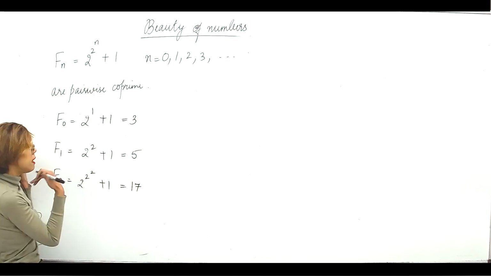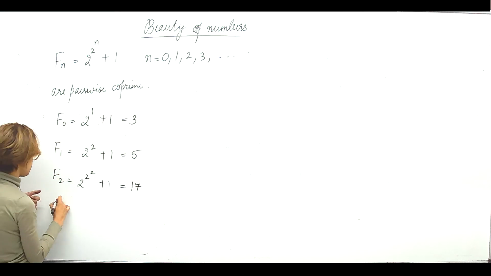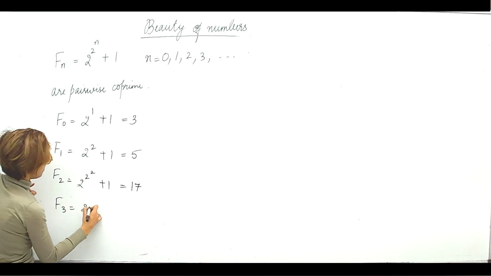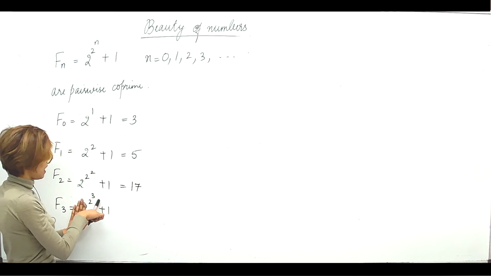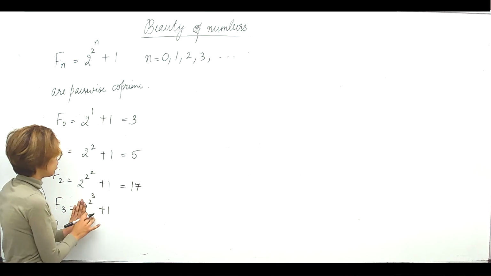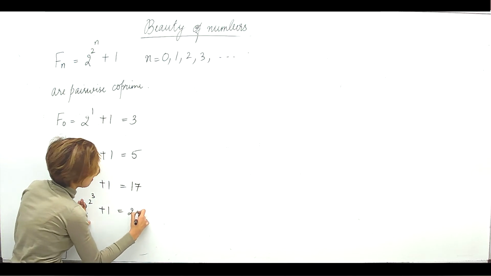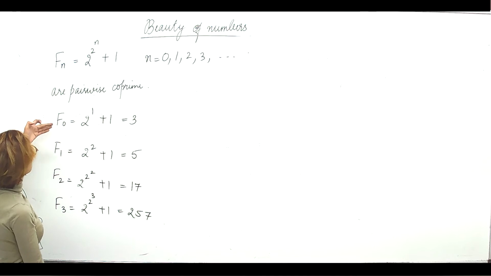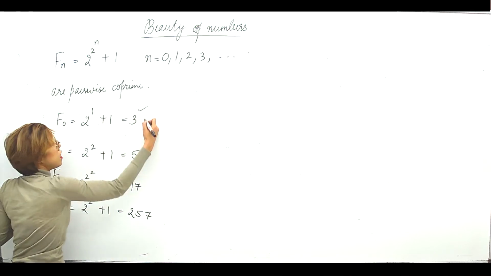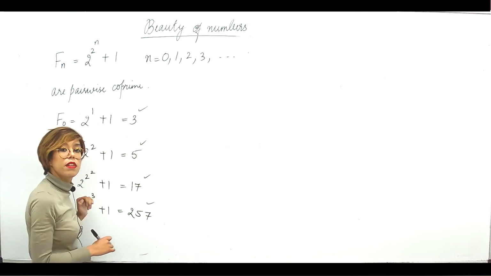Let's take one more. F3: 2 raised to the power 8 which is 256, plus 1 is 257. So you can give values to n and you'll get the numbers. Numbers are 3, 5, 17, 257.